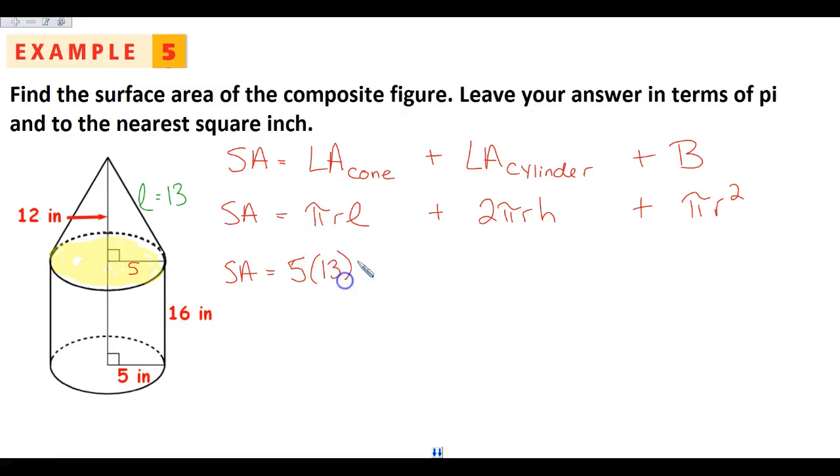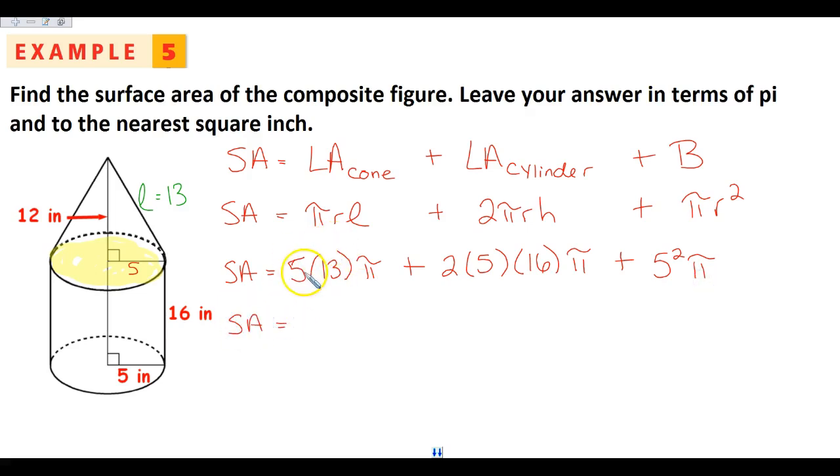So my slant height is 13 times pi. Now, 2 times my radius of my cylinder, because now we're moving into the cylinder, is still 5. The height of the cylinder is 16, and then we're going to multiply that times pi. And then again, the area of the base of the cylinder is that 5 squared times pi.